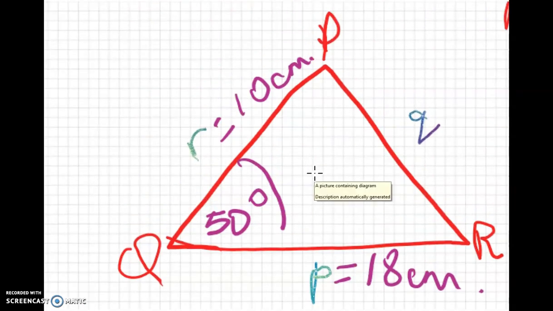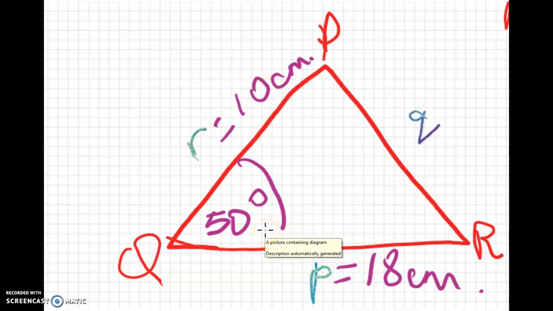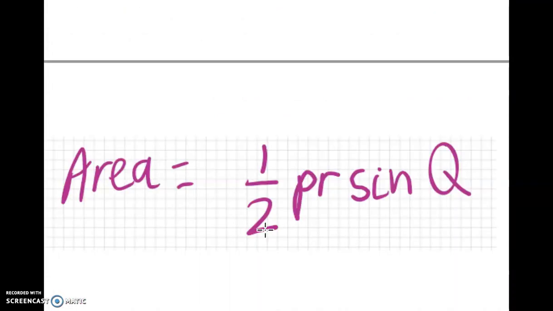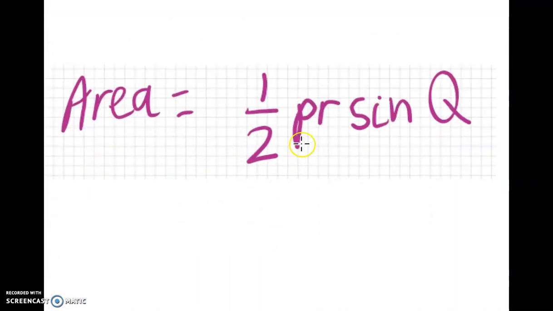You simply substitute p as 18, substitute r as 10, and substitute sine Q as sine 50 degrees into this formula. You need to know your measurements and what values they have.